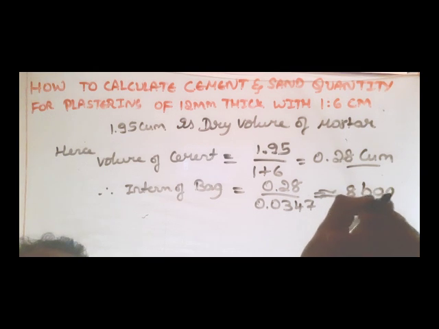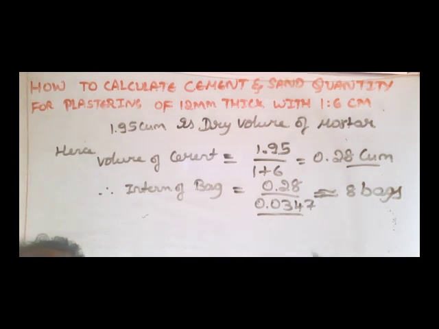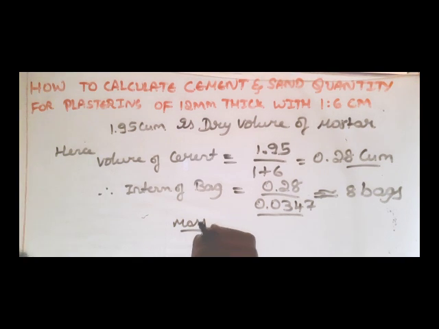Now you can ask me how we got this value. This is nothing but mass by density. We have used the formula mass by density. What is the mass of the cement? The mass of one cement bag is 50 kg.